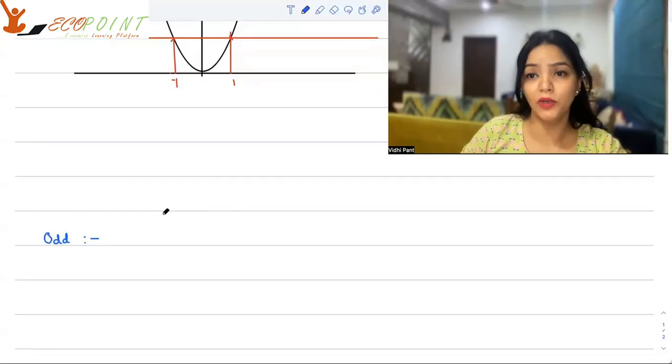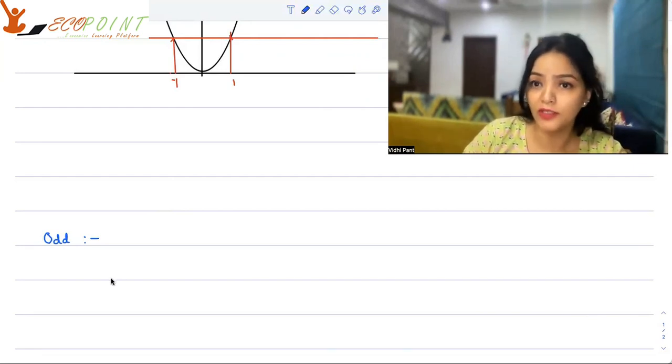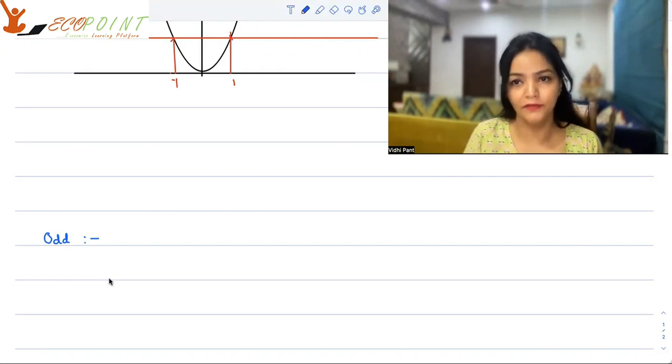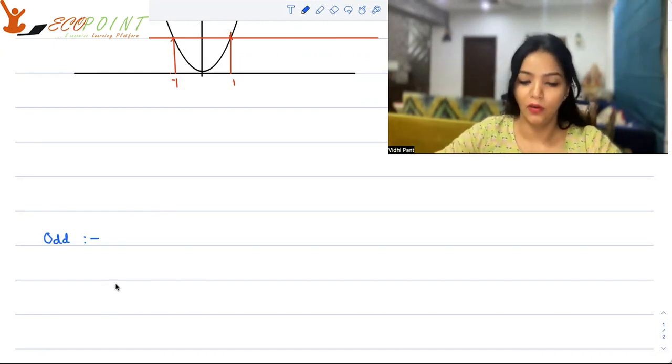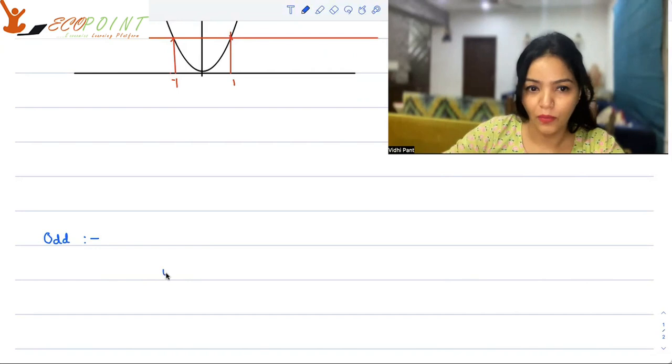Now comes the next terminology. What is an odd function? An odd function is a function where, if the input instead of x is minus x, then the functional value is also the negative of the same value. That is, suppose y equals f(x) is a function.